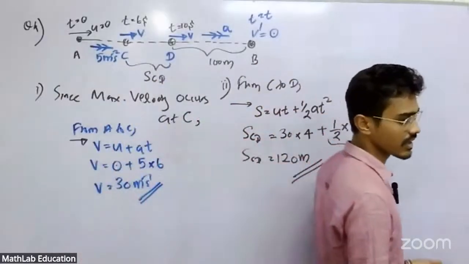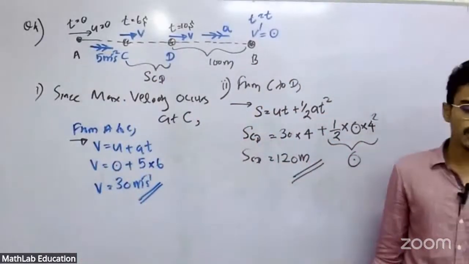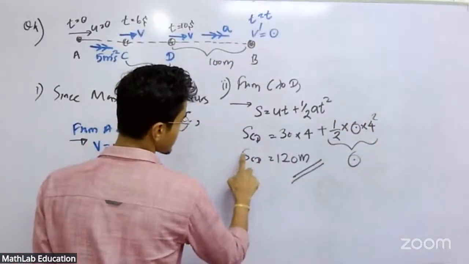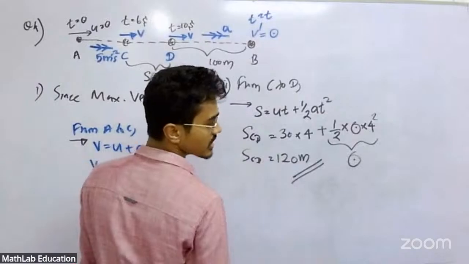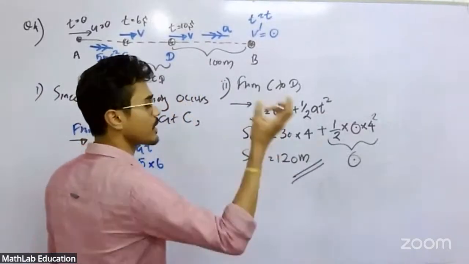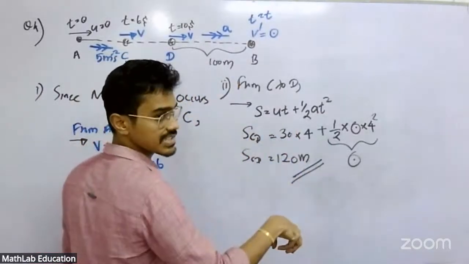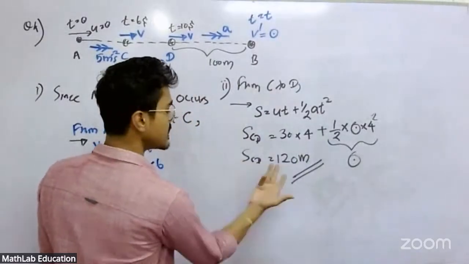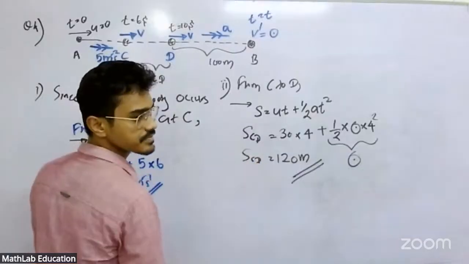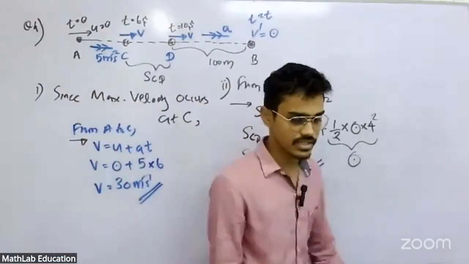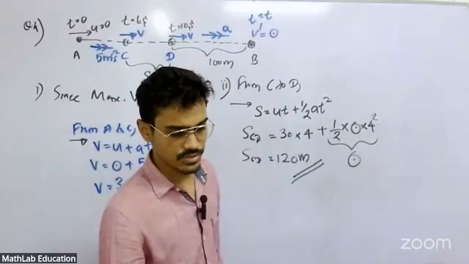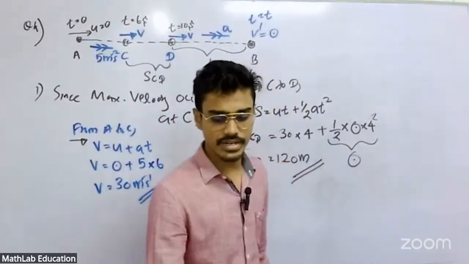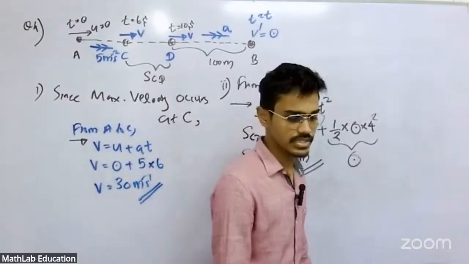Or even X, Y, any unknown variable is fine. But when it is mentioned in this way, it is very easy to identify. Otherwise, if I mention it as X, again I have to keep in mind what X is. Here I know at a glance SCD is the displacement from C to D. That's the purpose behind that. That is not a rule. It is just for the ease of identification.